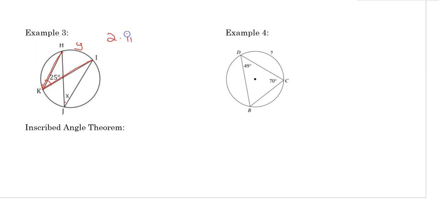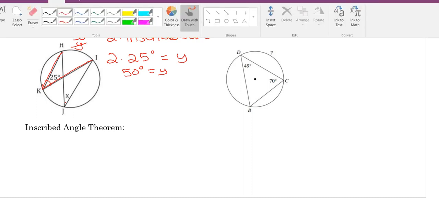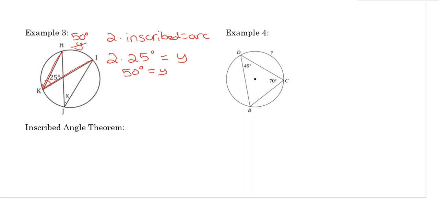times your inscribed angle equals your arc. So 2 times your inscribed angle, 25 degrees, is going to equal your arc, which is y. So y is 50 degrees. Now when I want to solve for x, well, this angle intercepts that arc.